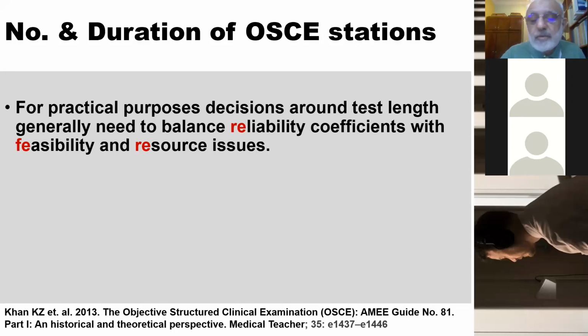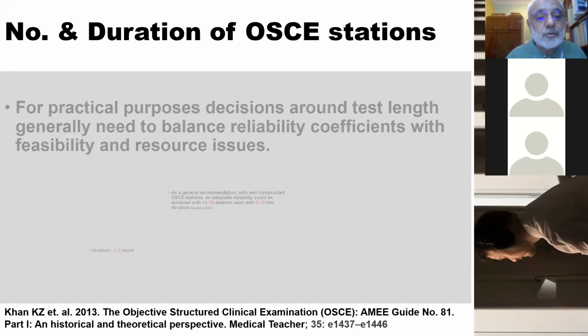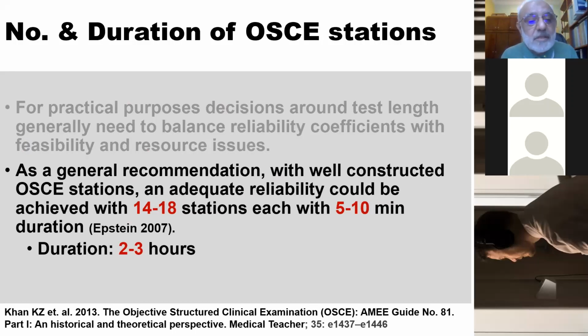And then we have to see whether this is feasible and we have enough resources. So it is recommended 14 to 18 stations with 5 to 10 minute duration. So a total time may be between 2 to 3 hours. This is a minimum requirement for an OSCE to be a valid and reliable method of assessment.